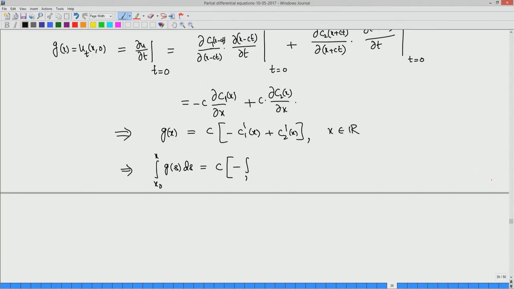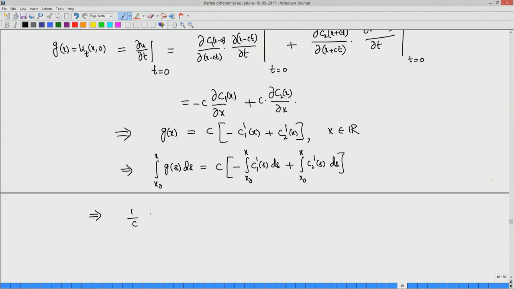minus integral x naught to x c1 dash of s ds plus integral x naught to x c2 dash of s ds. So this is nothing but c times, so you can write, c times 1 by c.